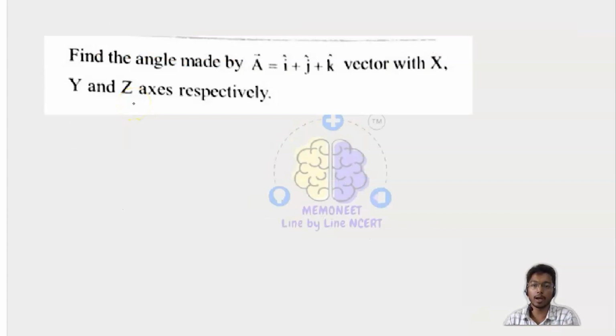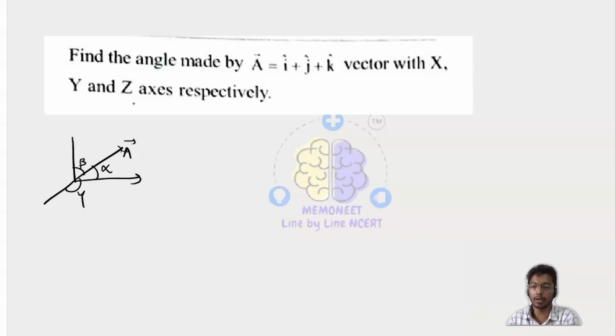A vector is made as i cap plus j cap plus k cap, with the x, y and z axes. In the previous slide I showed you the three planes, and let's say it is one vector, that is A vector. This is alpha, this is beta, and this is gamma. So how are we writing that?